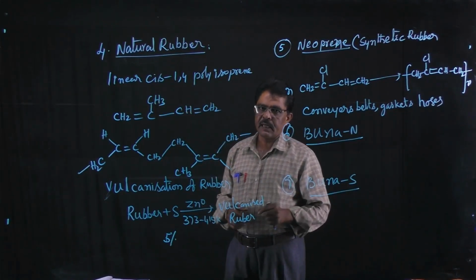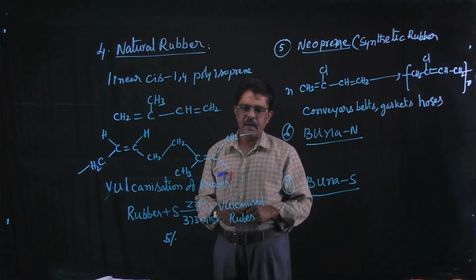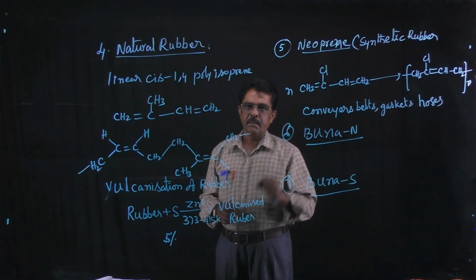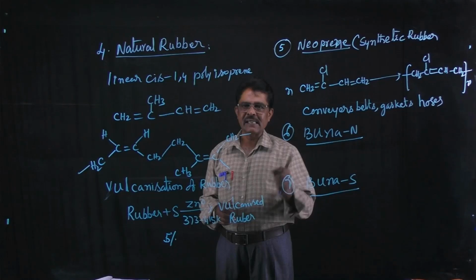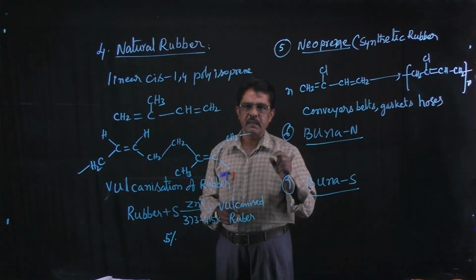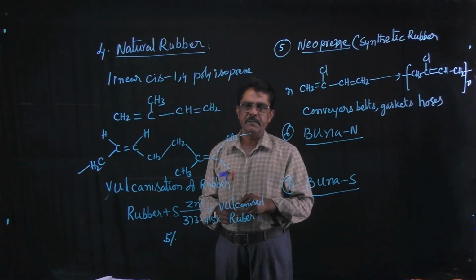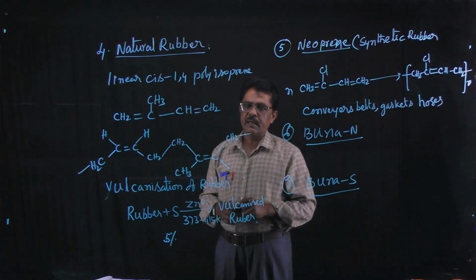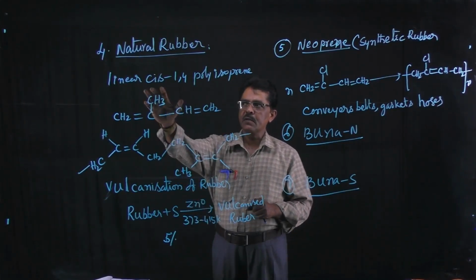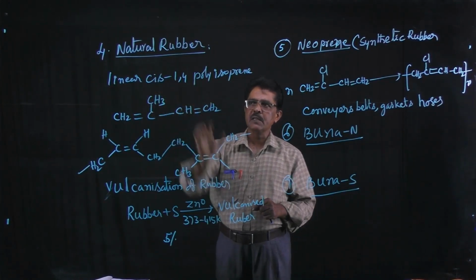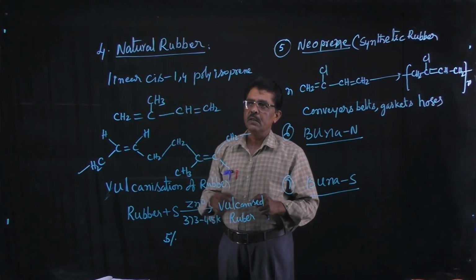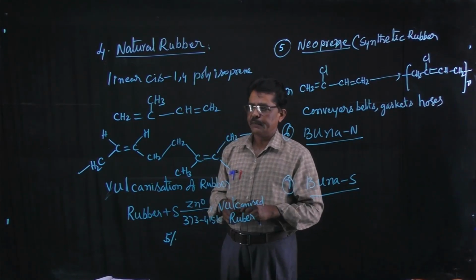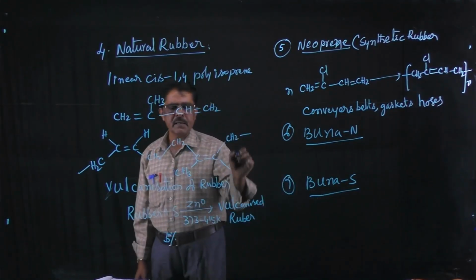This rubber can be generated from rubber plants. The raw material is obtained from the bark of the rubber plants. Then we can use it as natural rubber. Natural rubber is the linear polymer of cis 1,4 polyisoprene. This is the natural rubber structure.